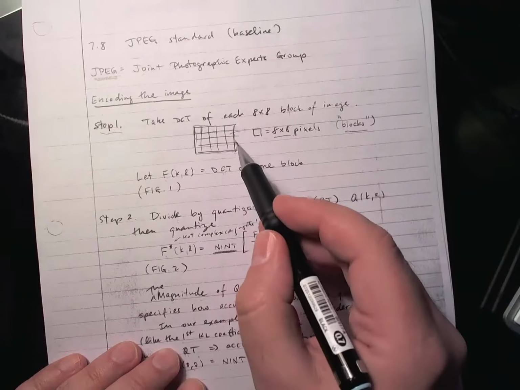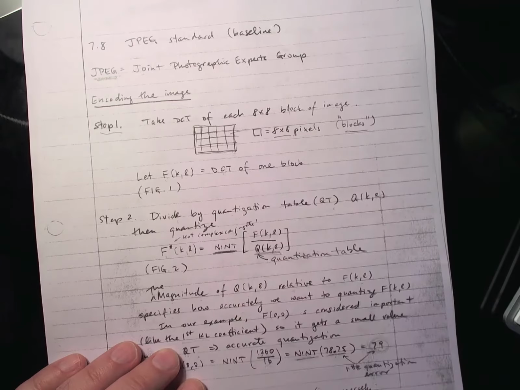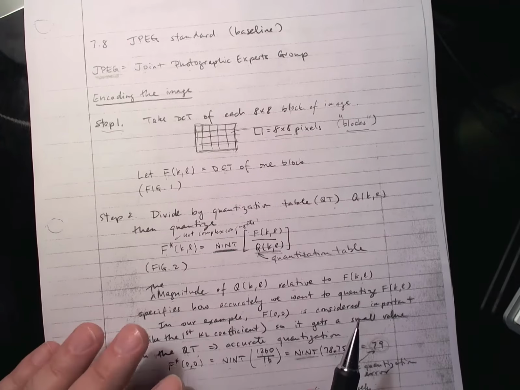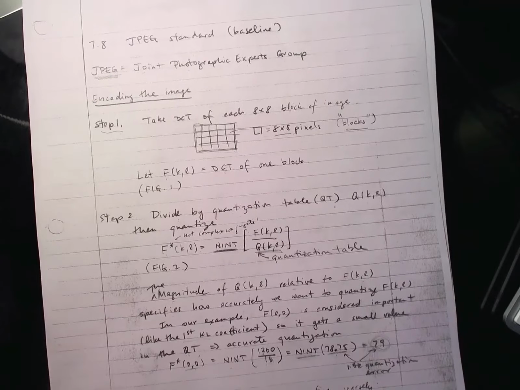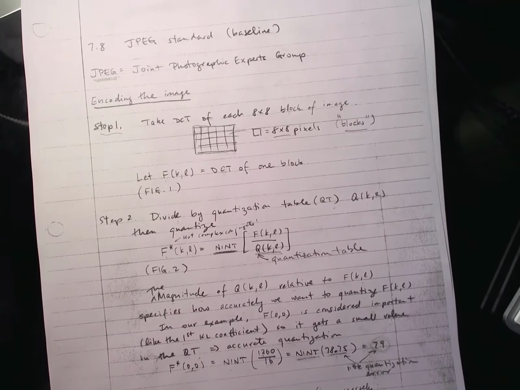And then most of the steps involved in the compression involve taking each little 8x8 square and representing it with a very small number of bits.